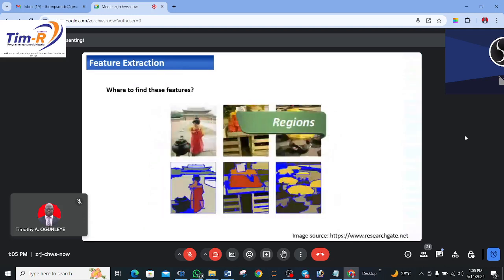And another one is regions. If you look at this particular image, you can see a lot of regions. This region is different from this region, and it's different from this region based on the feature of the image. The same goes for this one and this one as well.